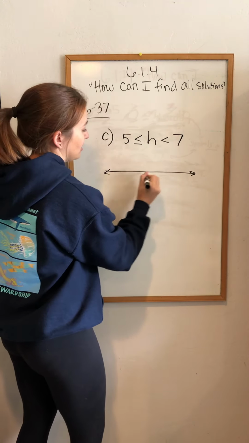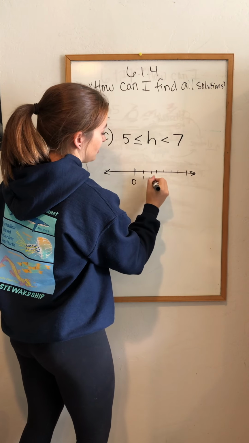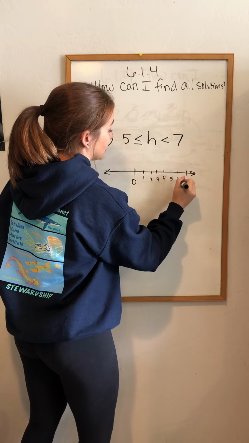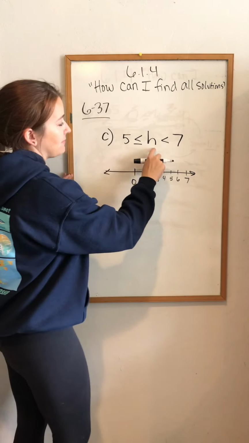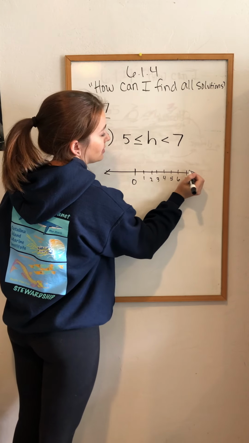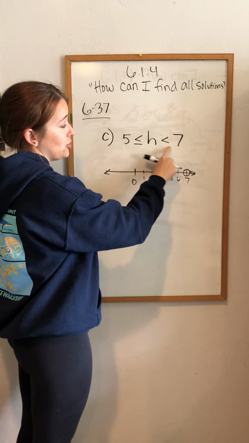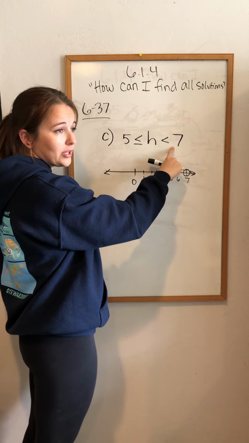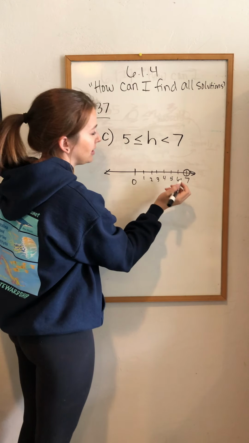And to graph it, 1, 2, 3, 4, 5, 6, 7. This is how I graphed it. I found my first boundary point, which is 7, and I put an open dot because there is no greater than or equal to, less than or equal to, underneath that inequality.